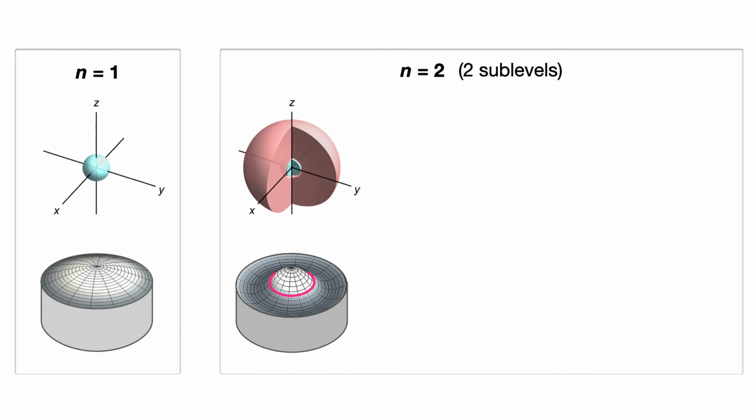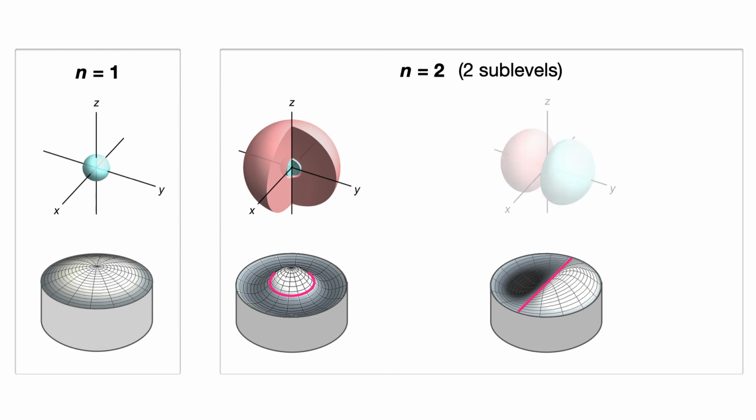Another wave pattern is analogous to this type of movement of a drum head, where one side of the drum is going down while the other side is going up, and here there's also a region where the drum head is not moving, where the energy of the wave is zero, and that would be along this line here. And in 3 dimensions, in the case of the hydrogen atom, the corresponding wave pattern would look something like this.